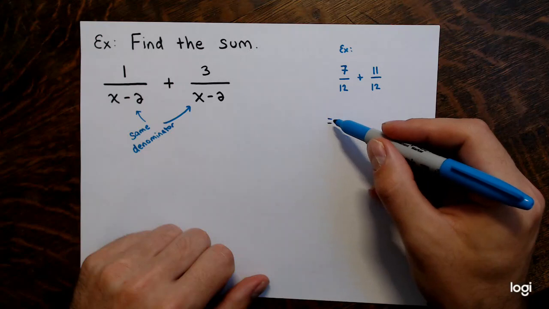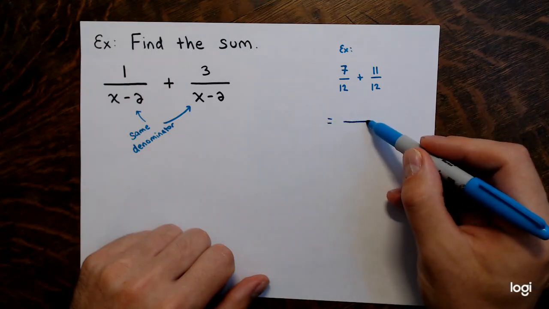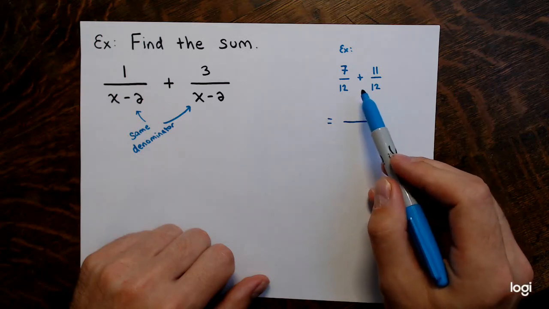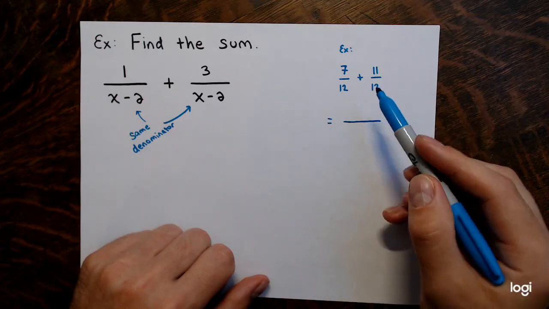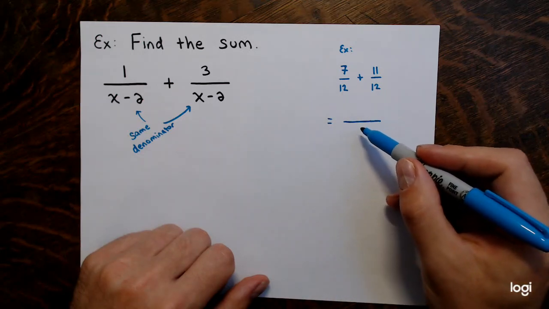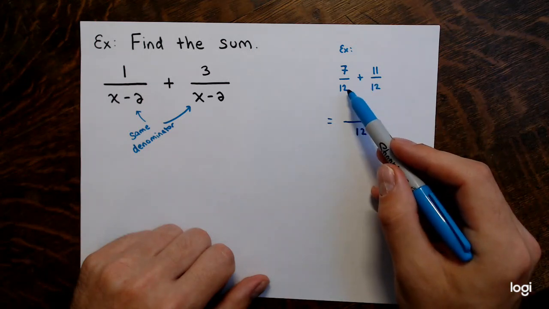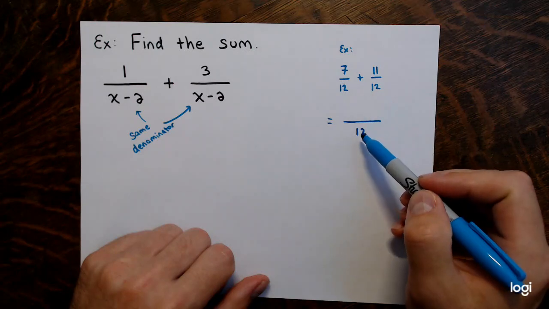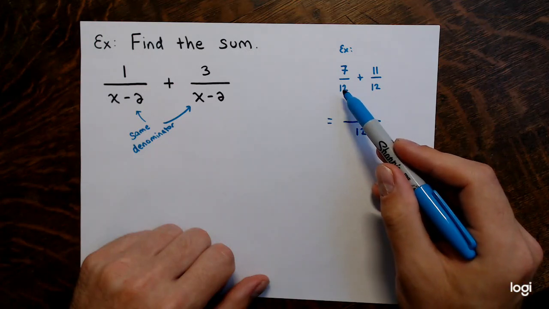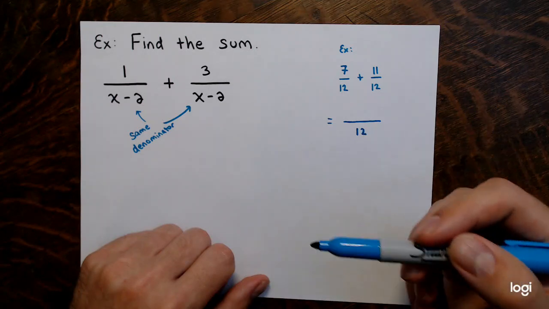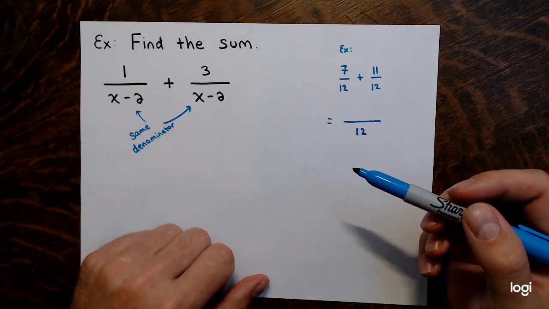Now when you do add two fractions and the common denominator is present, the resulting sum will have the same denominator. Okay, you do not add 12 plus 12 and make 24. It's twelfths, twelfths, twelfths.